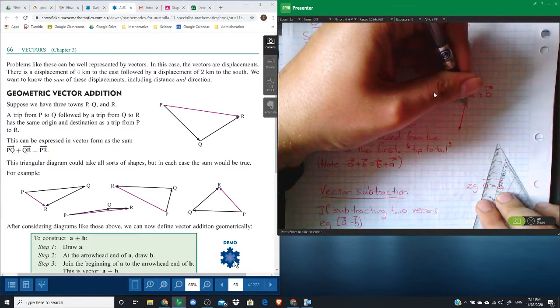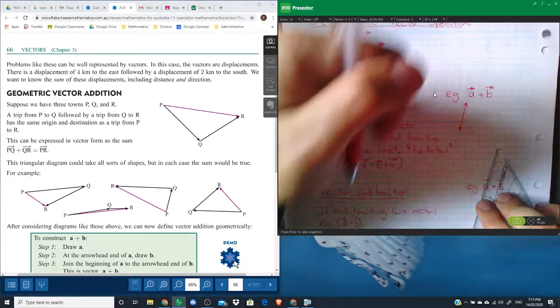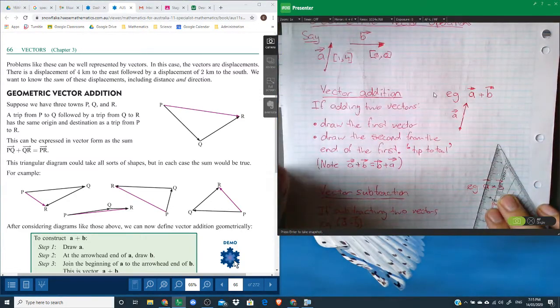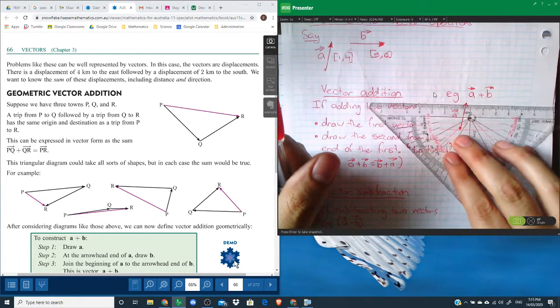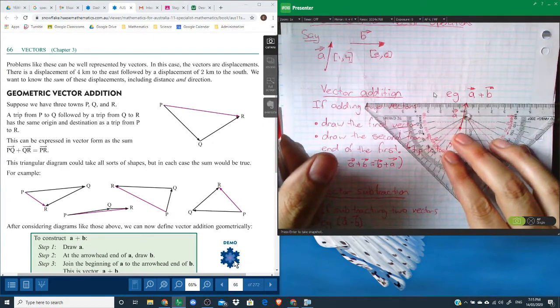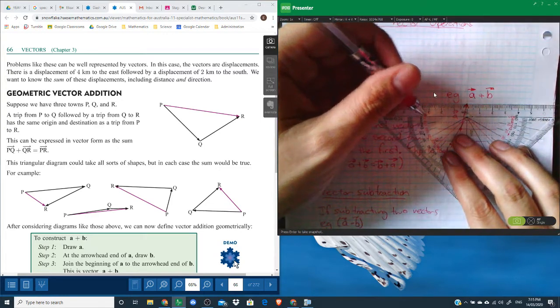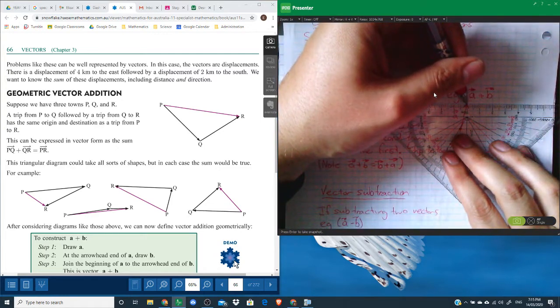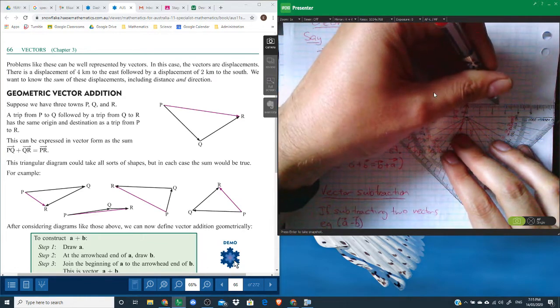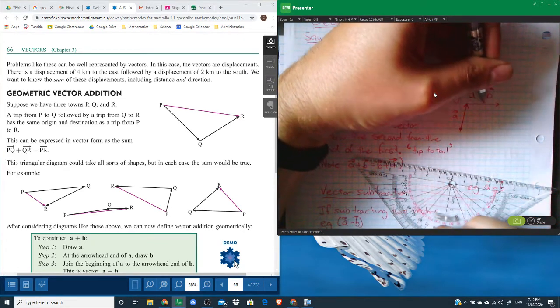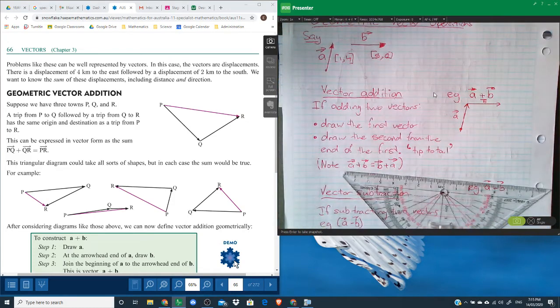I'll put a little arrow on that. Okay, so that's A. Then I'm going to draw B. B is 5 units to the right. Now I'm using 5 millimeter squares, so I'll just count 5 squares to the right, and you've got it. That's B. So then what is the vector addition?